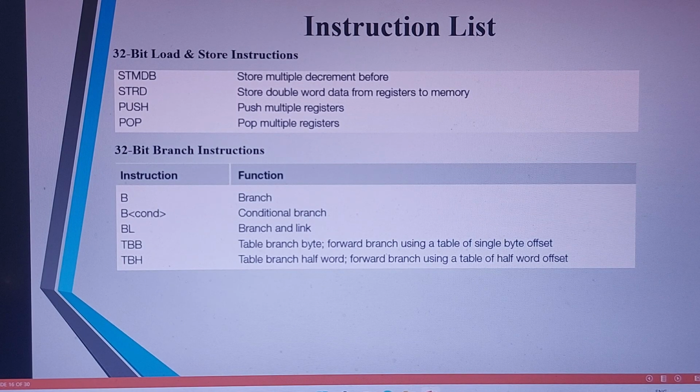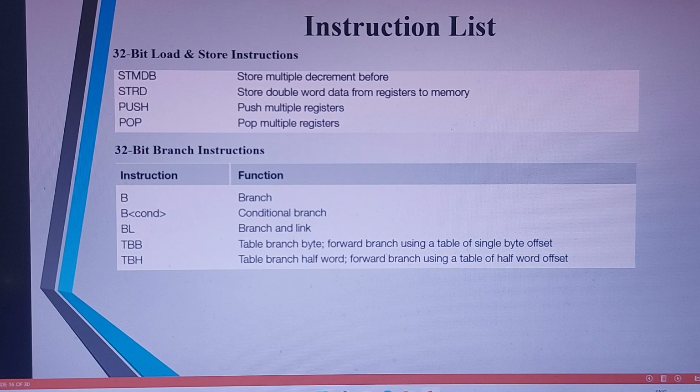Then again, similar to 16-bit, here we have 32-bit branch instructions. So B, that is the unconditional branch. Again we can use a conditional branch with all the conditional flags: zero, overflow, negative and carry. Then branch with link, so the link register will be updated. TBB, table branch byte.